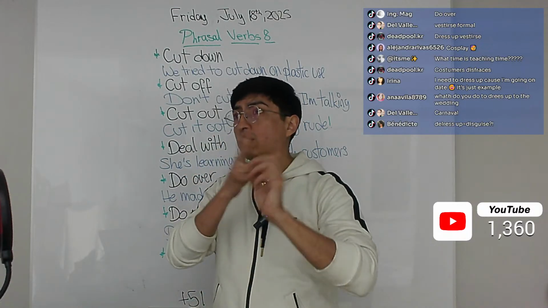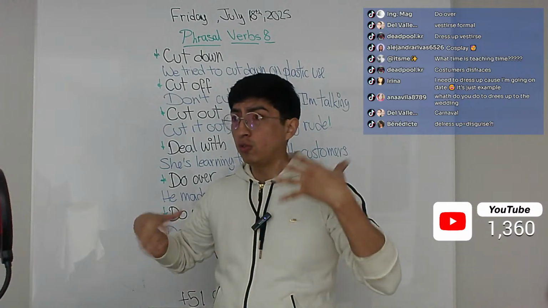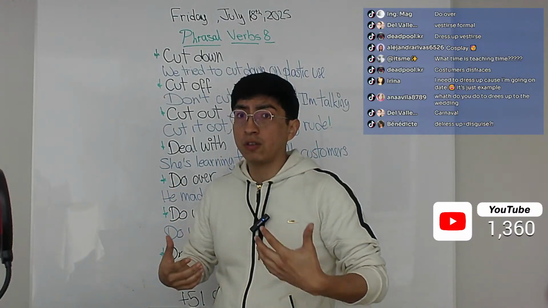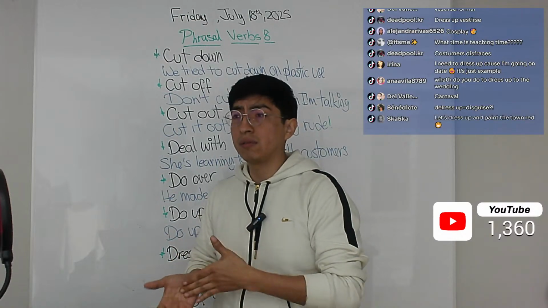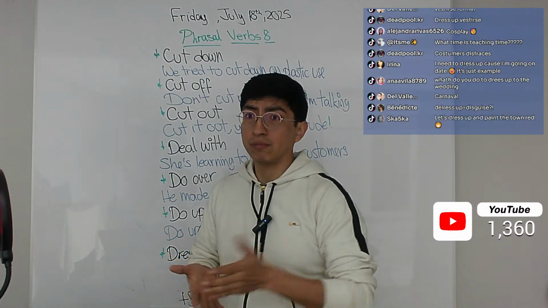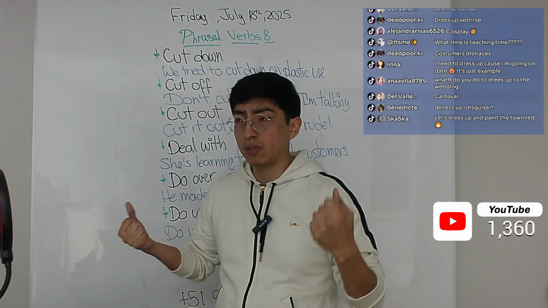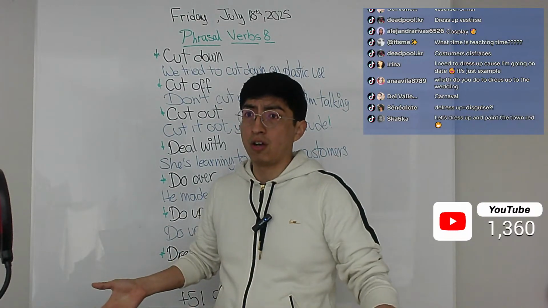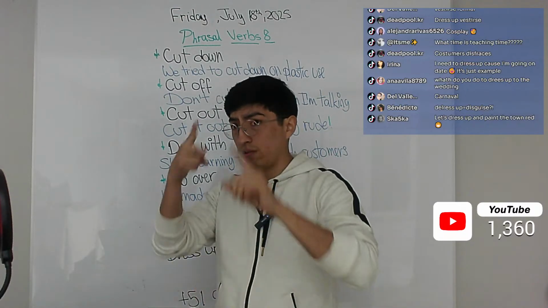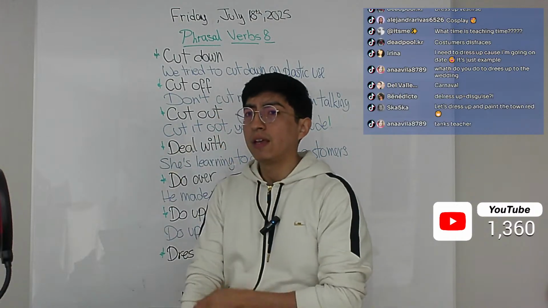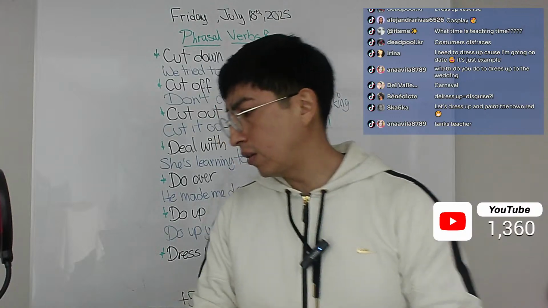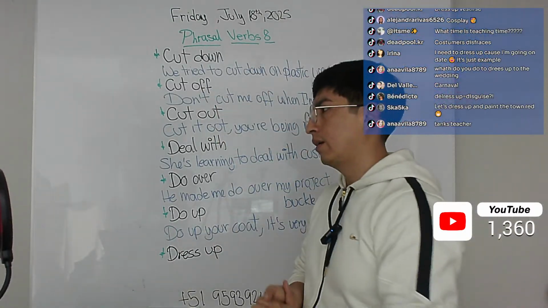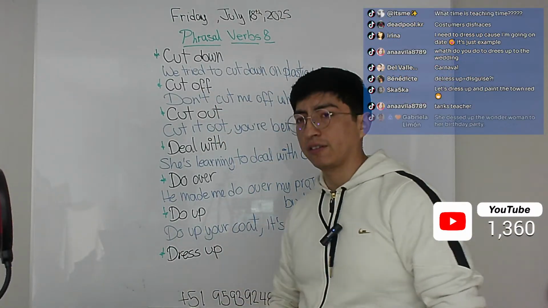Number two, to dress up is to wear a costume. This is very common at Halloween or maybe at Christmas. There are a lot of people that dress up as Santa Claus, for example. So it has these two meanings. Well, guys, write your own examples, and then I'm going to give you some. I'm going to give you the last sentence there.